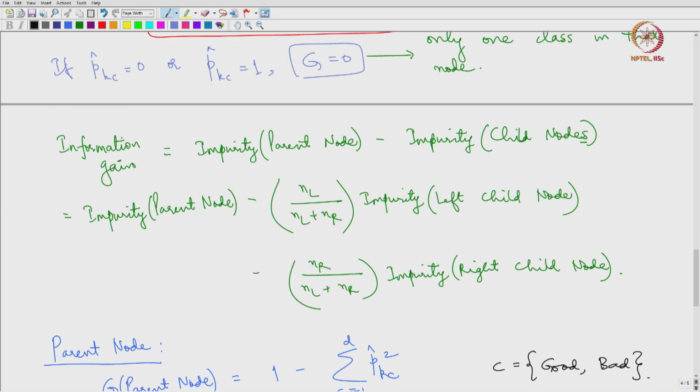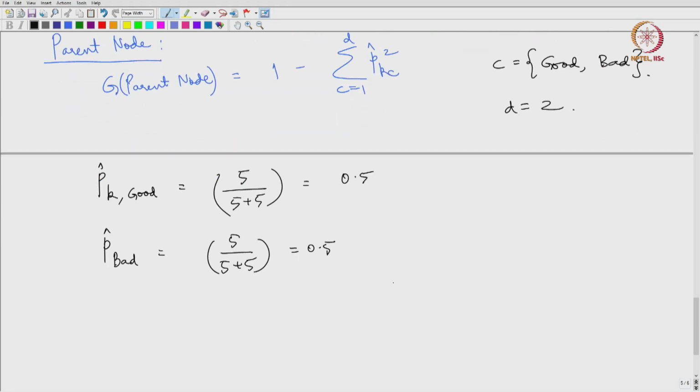Then the impurity G of the parent node is just 1 minus (0.5 squared plus 0.5 squared). We have to add up p hat k good squared and p hat k bad squared.